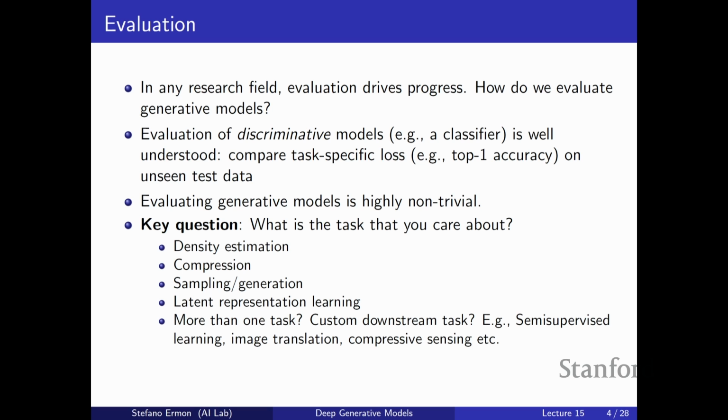Or maybe you're thinking about many different tasks that you need to be able to use your model for. Perhaps you're trying to train a single good model over images that you can then use to do compressed sensing, semi-supervised learning, image translation.